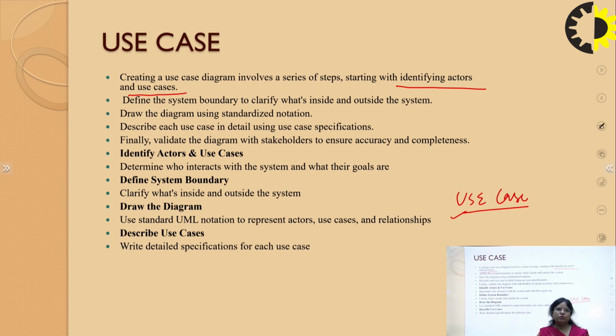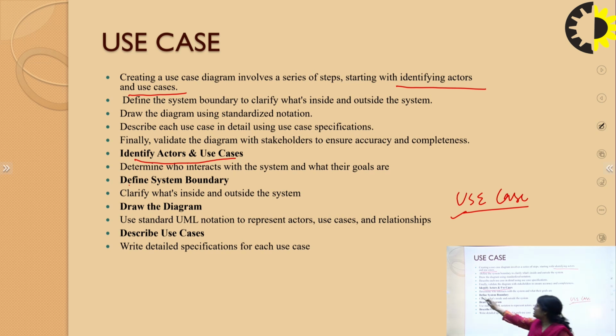Next, we need to use various types of diagrams using standardized notation. These diagrams are used to display the actors inside the boundary and outside the boundary. Identifying actors and use cases determines who interacts with the system and what their goals are.